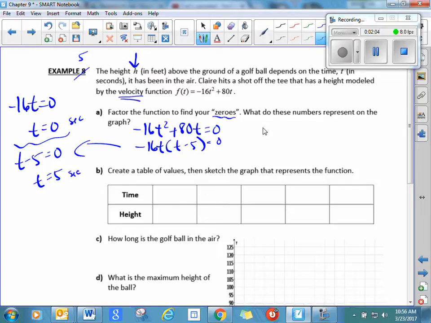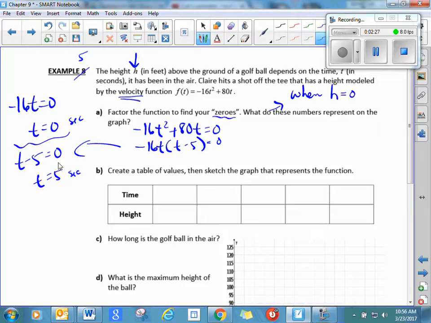The second part of this says, what do these numbers represent on our graph? What does this mean? Well, remember that these values that we have solved for are when you are intercepting the x-axis. So your height is 0.